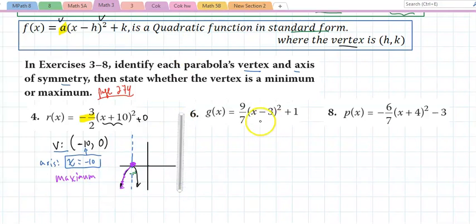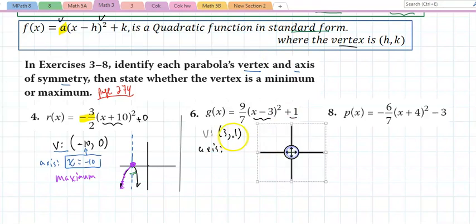If I look at number 6, the vertex is also the opposite of this, which is 3 and 1. And the axis of symmetry is really the x value, because if you look at this parabola, assume that you move 3 to the right, let's say that's 3 units, 1 up, let's say that's 1.